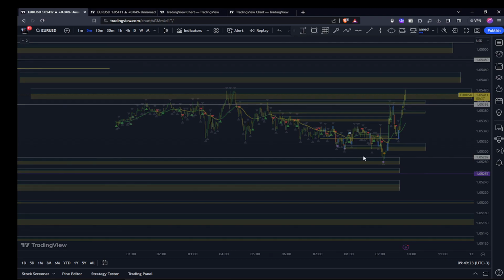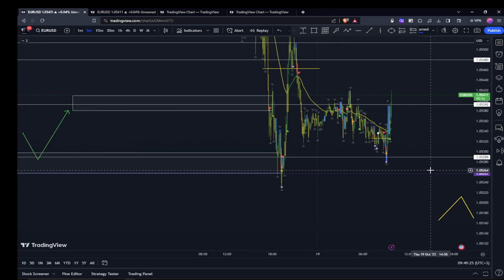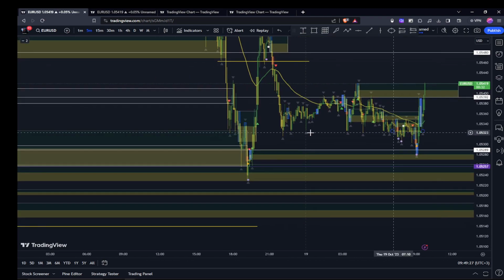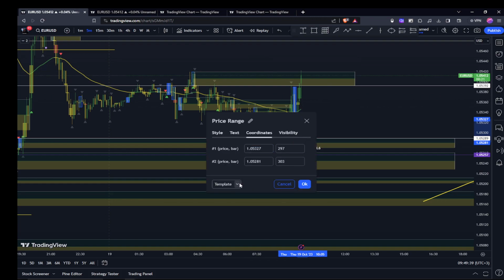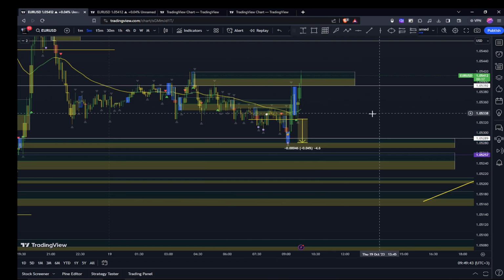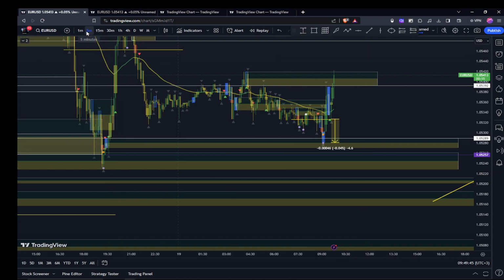And the moment the Asian session has concluded, I mark the Asian fill, where the market will likely go. This is the low, the Asian fill that we want the market to come and fill. And we also mark the Asian high.